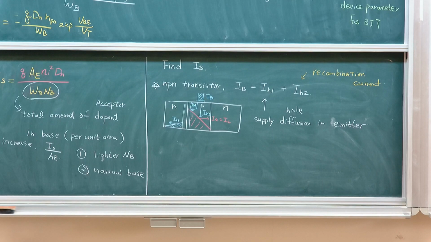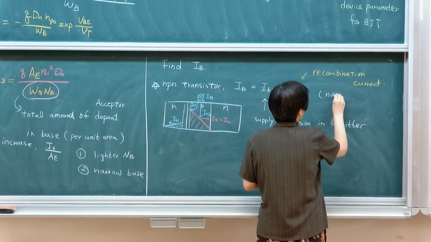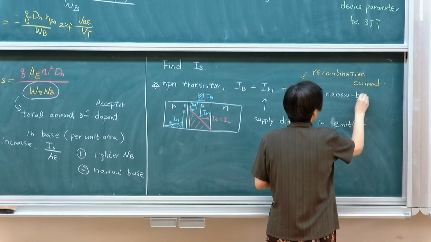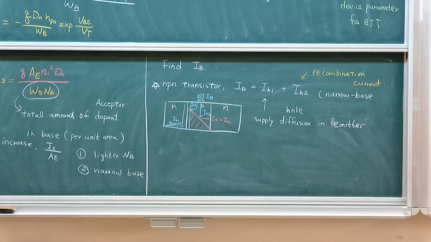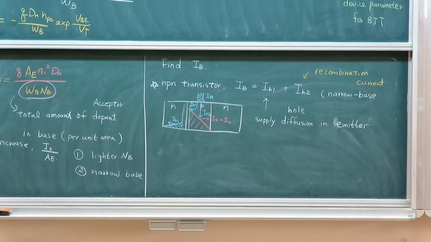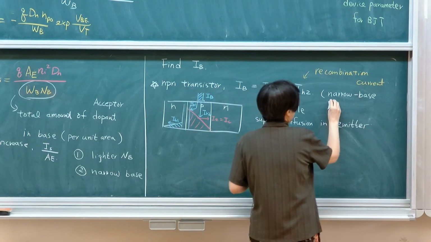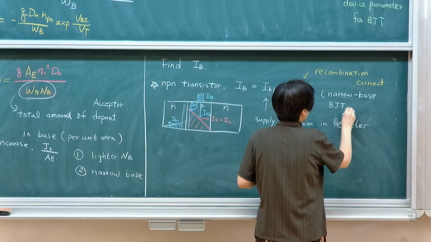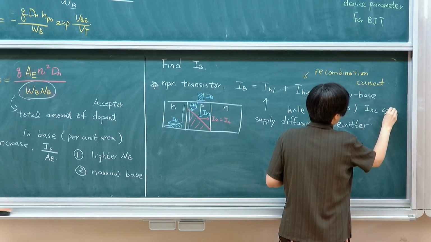But typically we're assuming that in a narrow base device, currently, most of the bipolar junction transistor, if you want to operate in a relatively high frequency, we're going to talk about frequency dependency later, but the base needs to be fairly narrow. So for narrow base transistors, IH2 can be ignored.